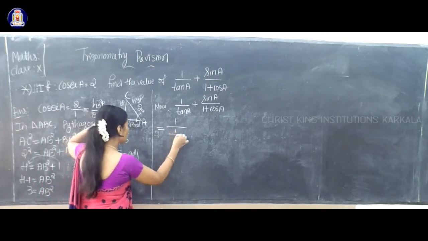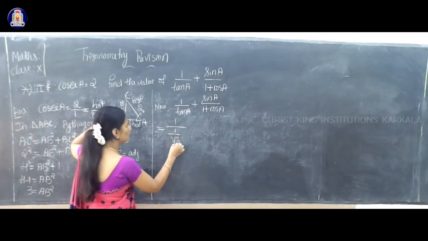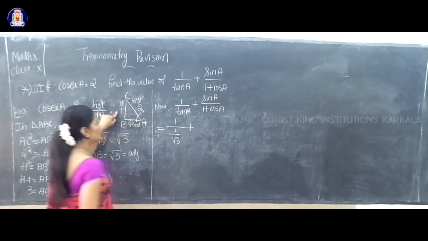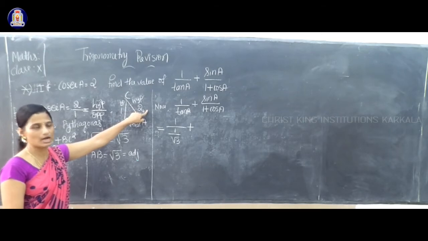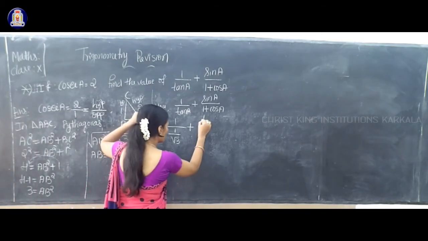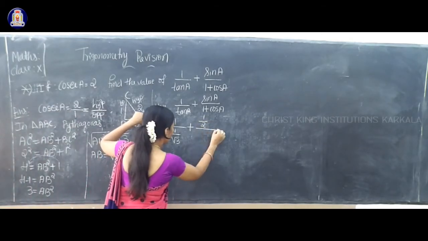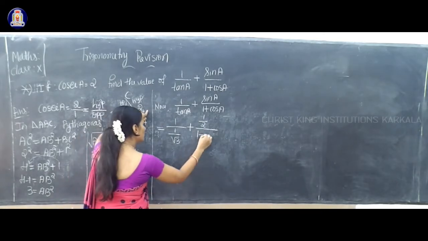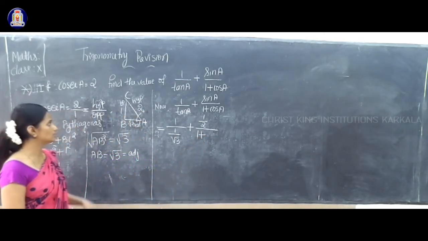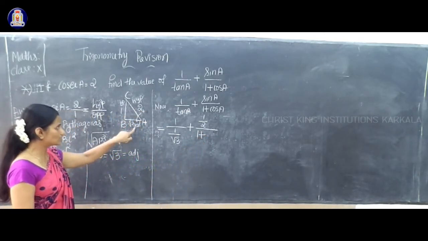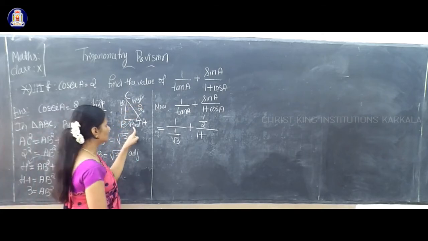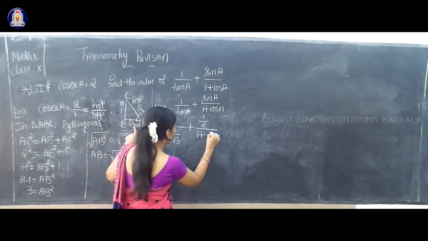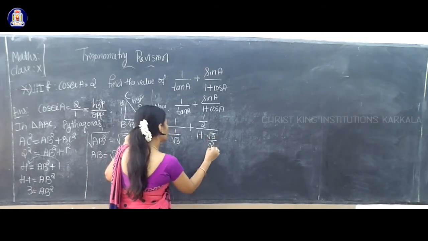That means 1 divided by square root of 3, plus, what is sin A? Sin A is opposite side divided by hypotenuse side. That is 1 divided by 2, whole divided by 1 plus cos. Cos is what? Adjacent side divided by hypotenuse side. Root 3 divided by 2.